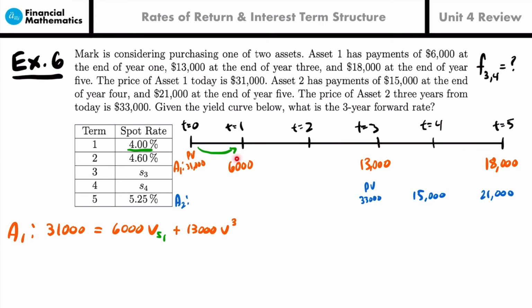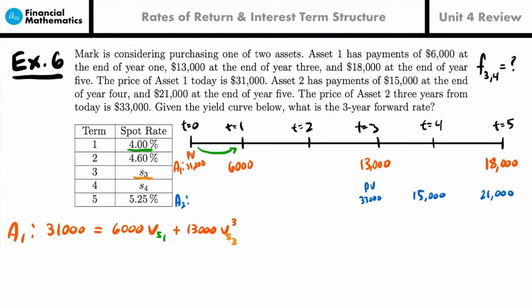We have a 3-year term from time 0 to time 3, so we would want to use S sub 3. Now, we don't know what that rate is currently. It's unknown, unlike S sub 1, but that is the rate that would need to be used for that present value factor.